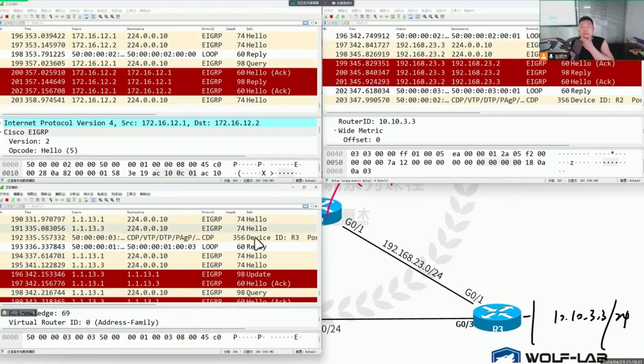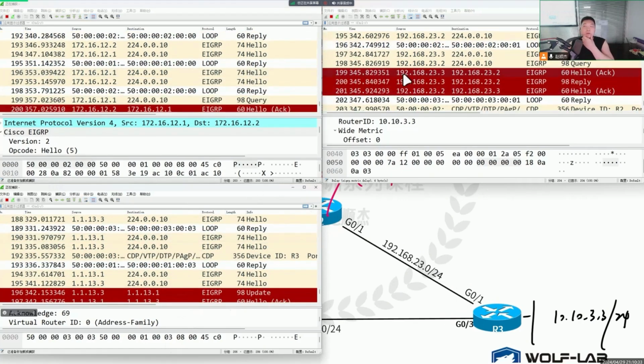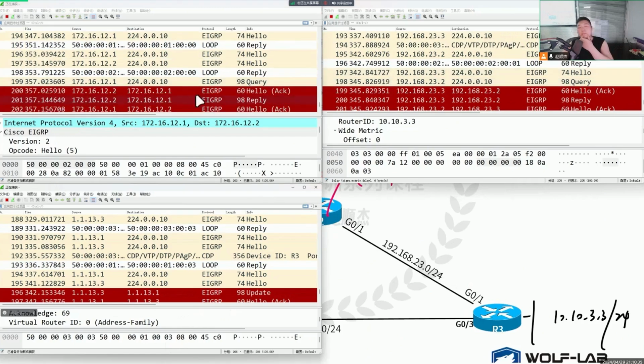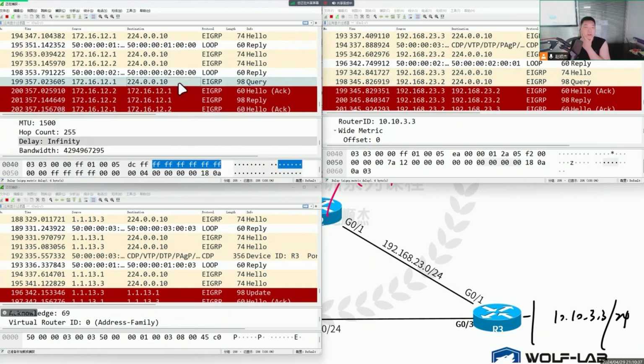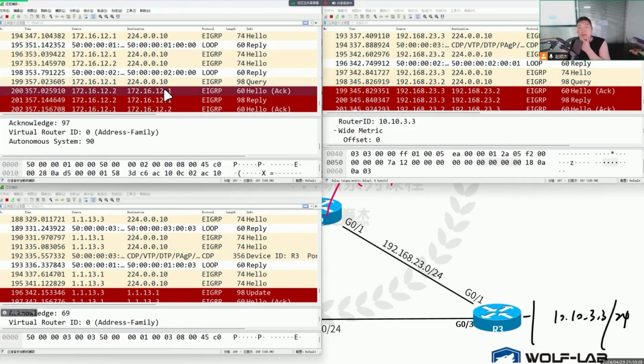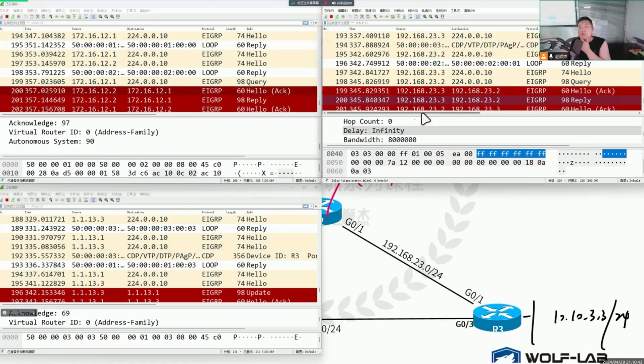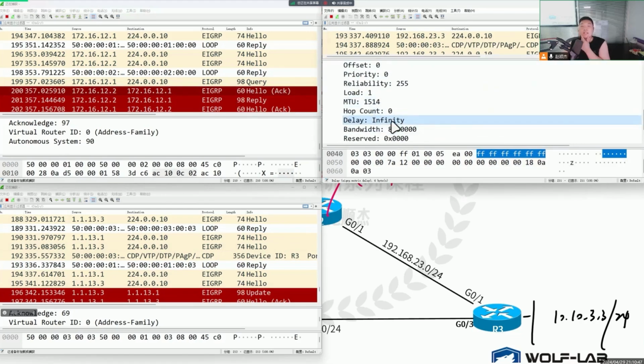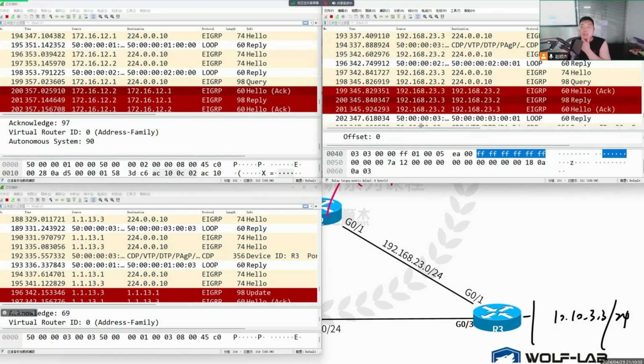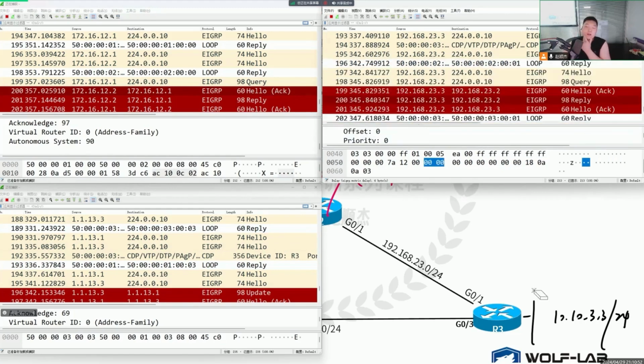R2 deletes the database entry and replies with a reply. R2 replies with ACK. R3's reply contains an infinite delay, indicating that this route entry is unreachable. Then R2 knows there are no other paths to access this.